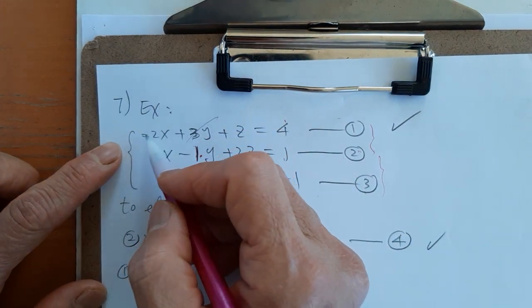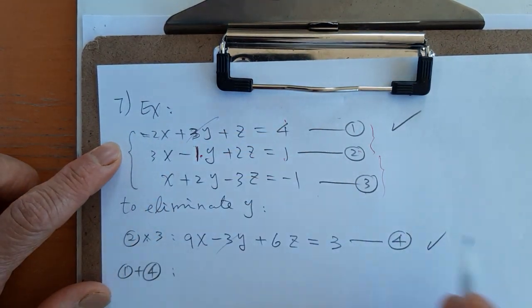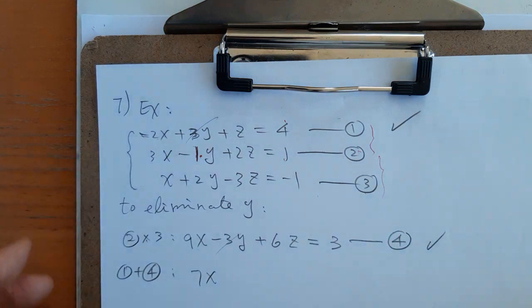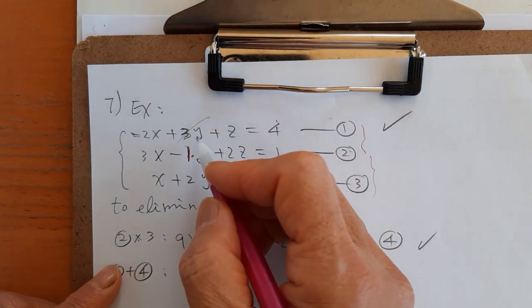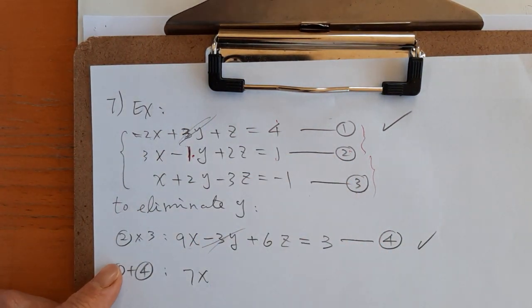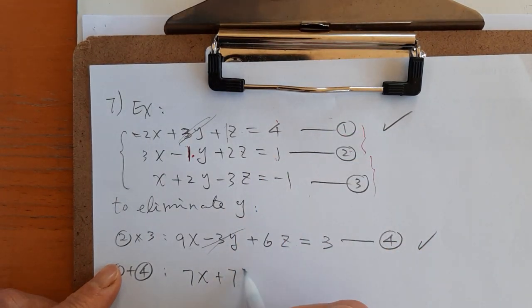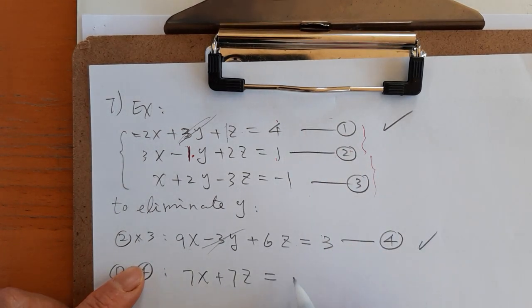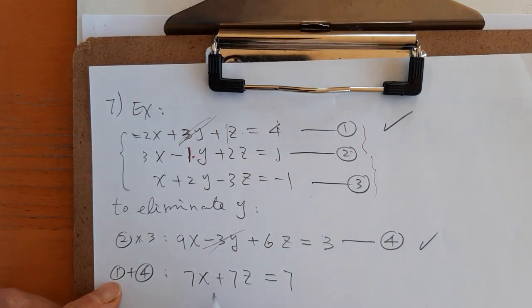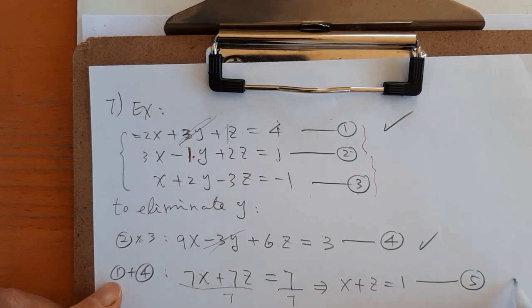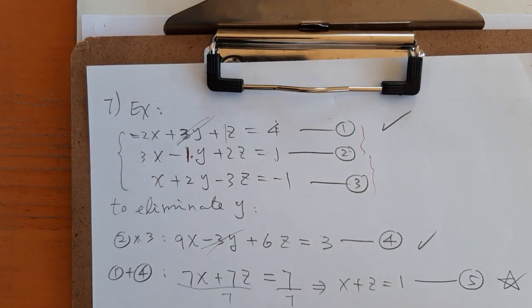Remain -2x plus 9x is 7x. And 3y add -3y is 0. And 1z add 6z is 7z, equals 4 add 3 is 7. Now you can divide by 7. So you get x plus z equals 1. And call this the fifth equation. I'm going to use this later.